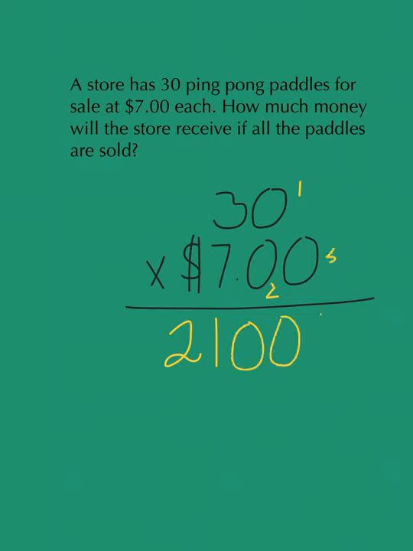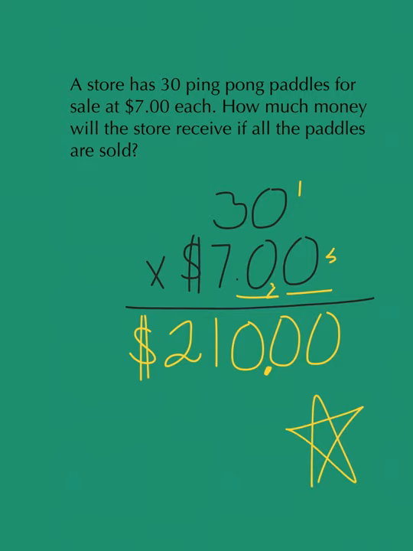Now I know I'm dealing with money, so I know automatically there's going to be only 2 numbers behind the decimal point, but I'll count them just in case. 1, 2. And then I'm going to add my dollar sign to the front. If that store sold 30 ping pong paddles for $7 each, they would make $210. Pretty nice. All right, get to your homework.